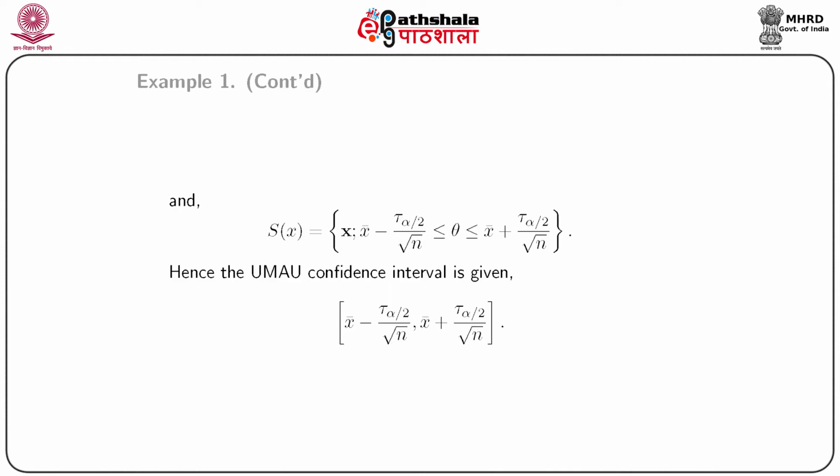And therefore S(x) equals the set of all x such that x bar minus tau alpha by 2 divided by root n is less than or equal to theta, which is less than or equal to x bar plus tau alpha by 2 divided by root n. Hence the UMAU confidence interval is given by the interval x bar minus tau alpha by 2 divided by root n to x bar plus tau alpha by 2 divided by root n.